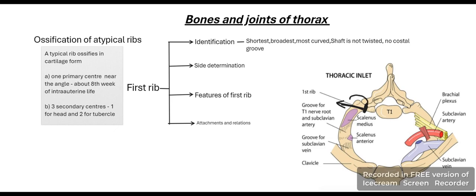See this tubercle, it is large and coincides with the angle of the rib, and it attaches with the transverse process of the first thoracic vertebra to form the costo-transverse joint.